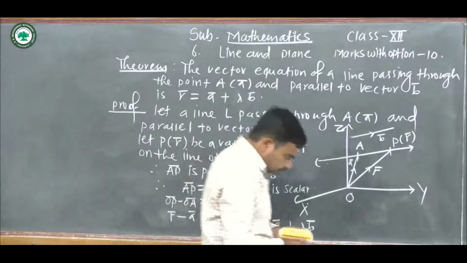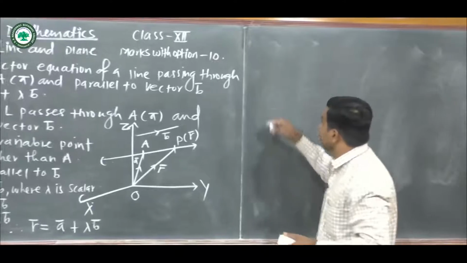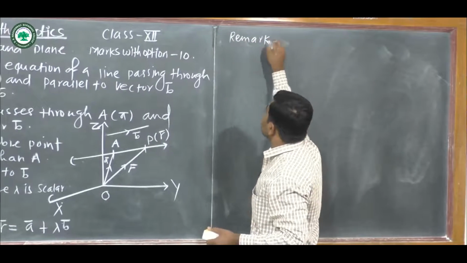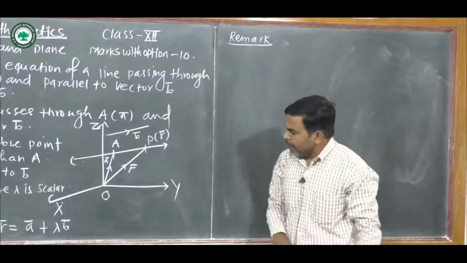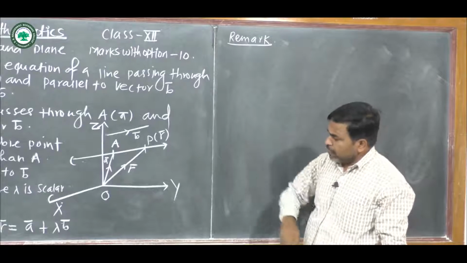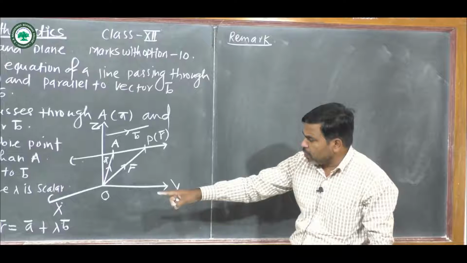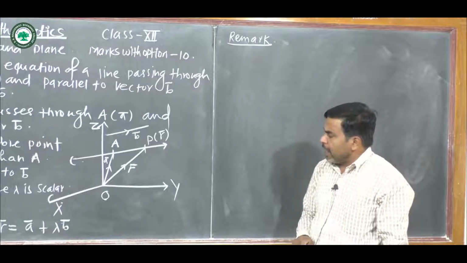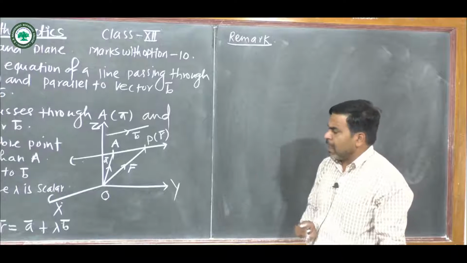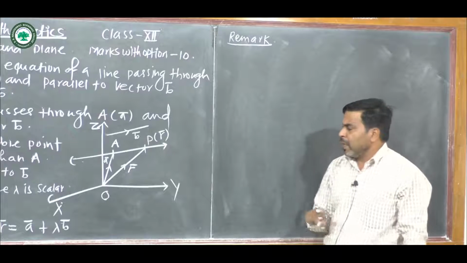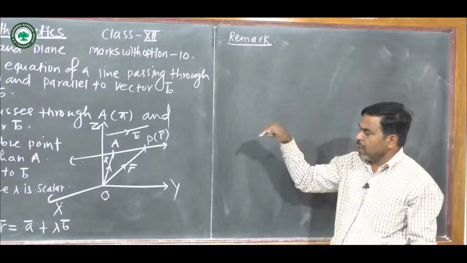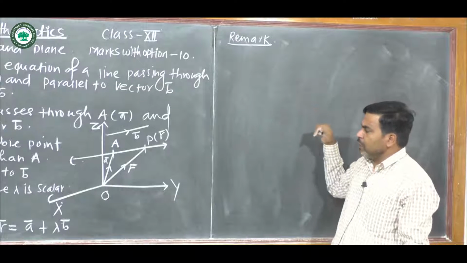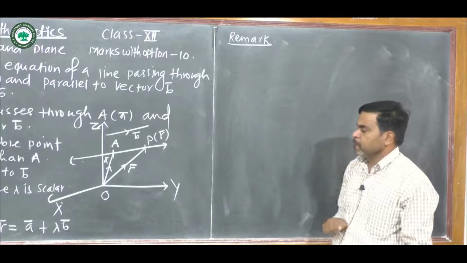So here, remark. Now in the vector equation of line we have R bar is equal to A bar plus lambda into B bar. This lambda is parameter, and that parameter lambda corresponds to a point on the line L, or every point on the line L corresponds to a unique value of lambda.